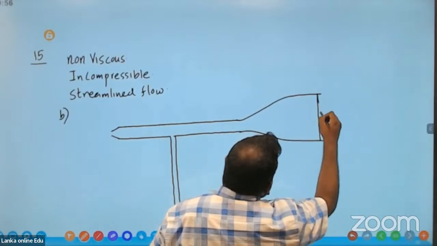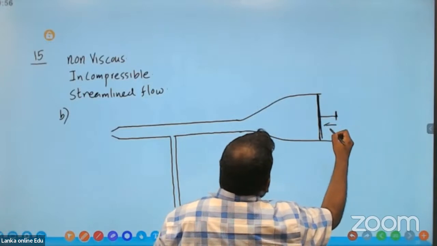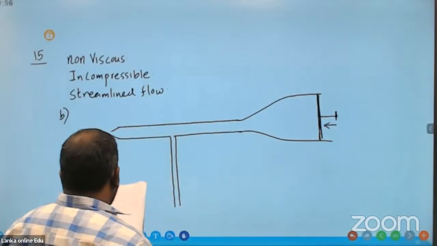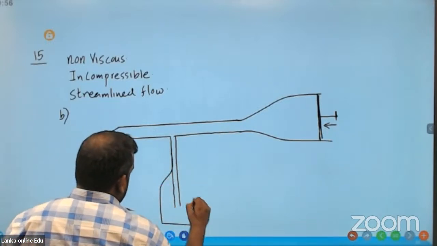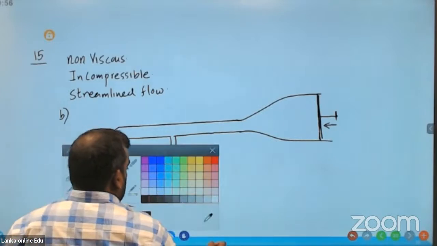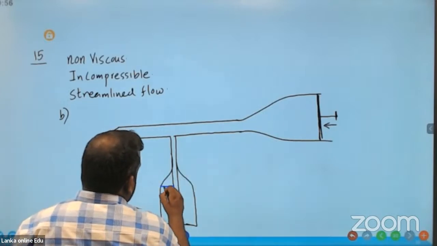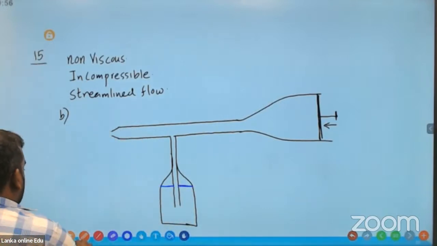Here you have the piston cylinder arrangement, pushing it that way, I guess. Here inside you have a vessel. Inside this vessel, of course, you have a liquid. Don't forget.